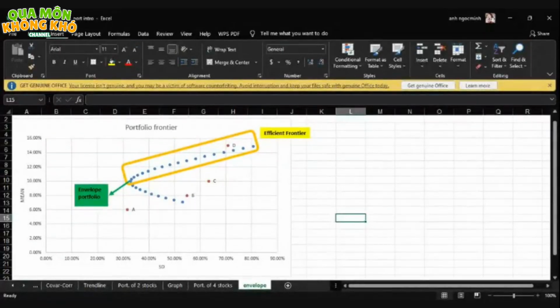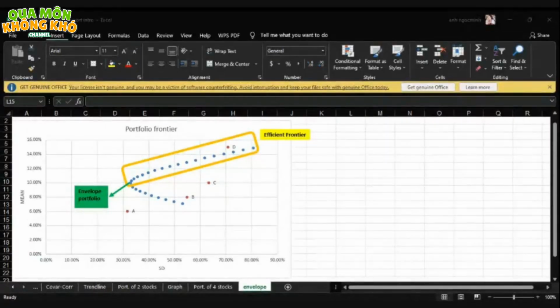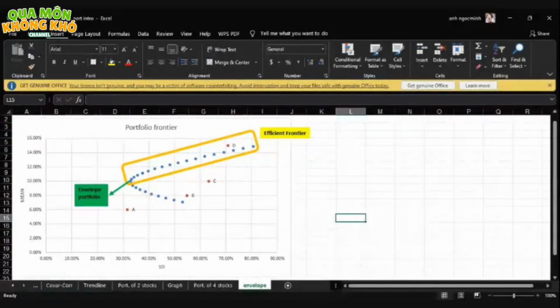When you determine the GMVP, that's the portfolio that has the global minimum variance or minimum standard deviation. You can draw the efficient frontier, and it is just a part of the envelope. The envelope is the curve.